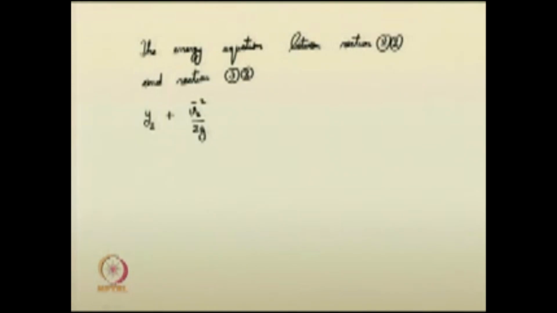We are neglecting the datum head, assuming that the datum is the same for both the sections. And energy at section 3, I have not yet equated, is nothing but y 3 plus v 3 squared by 2 g.